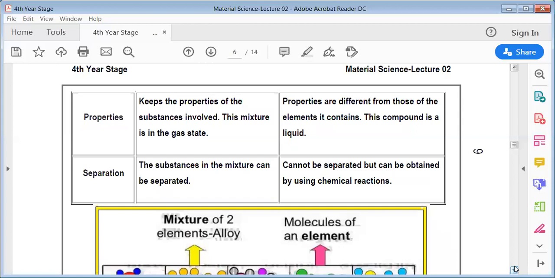When they are a mixture, they exist as gases because hydrogen is a gas and oxygen is a gas. But when they combine to make the compound, they change to the liquid state, which is water. As for how we separate them, the substances in a mixture can be separated easily, but a compound cannot be separated, though its elements can be obtained by using chemical reactions.